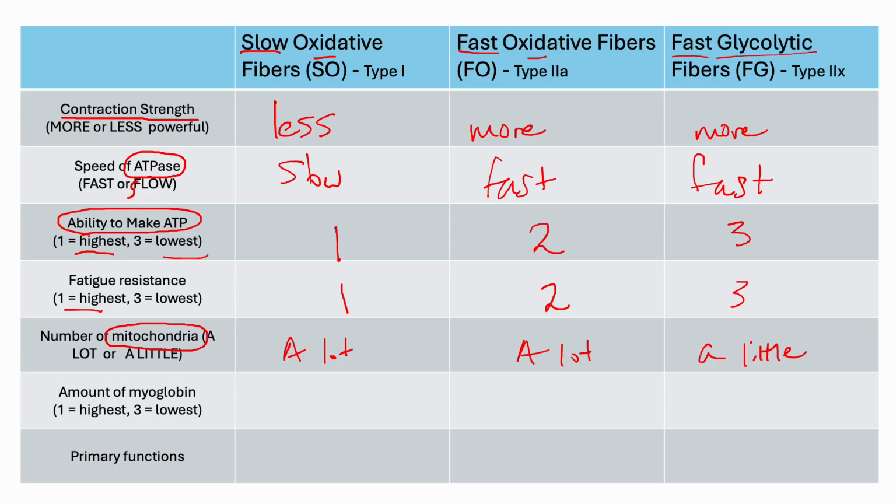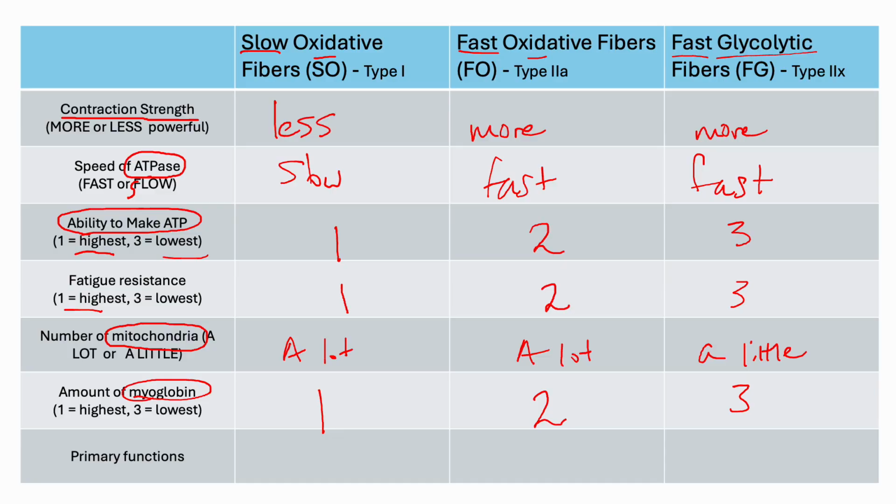Myoglobin is also related, because myoglobin stores oxygen. So this is related to aerobic. Those fibers that have aerobic respiration need more oxygen. And so if we number these, the slow oxidative are going to have the highest, and then we have fast oxidative, and finally our fast glycolytic.